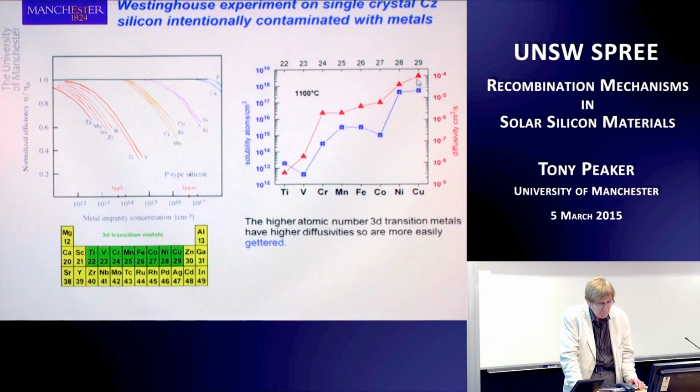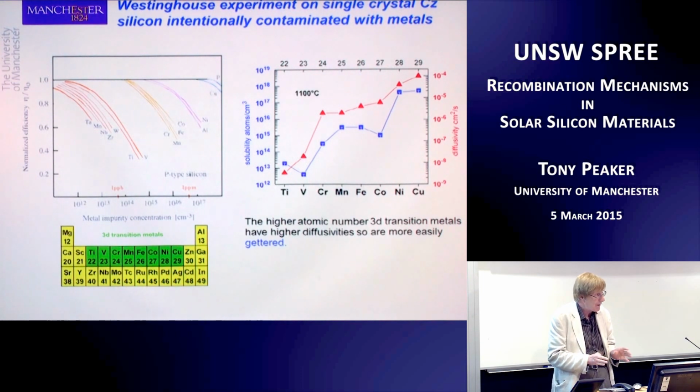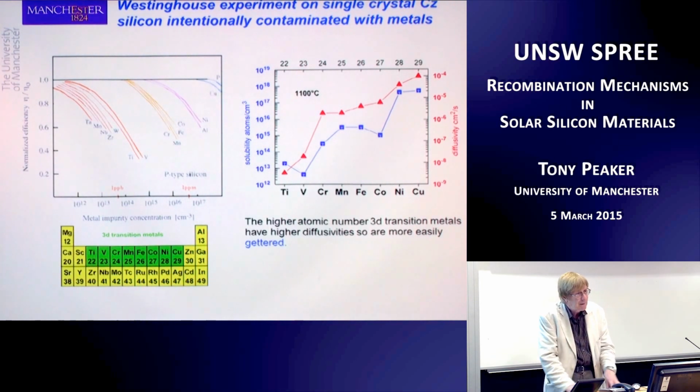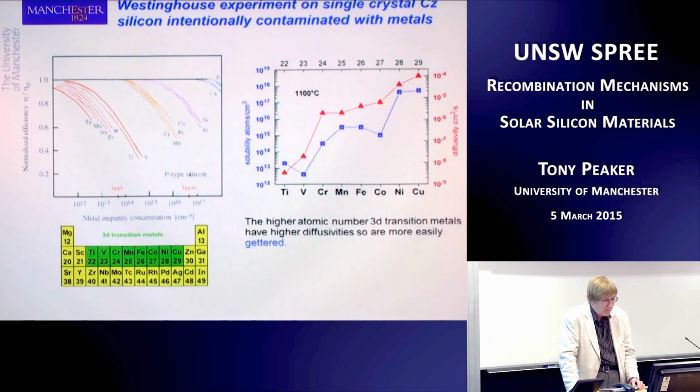Sure it is. Look at the difference in diffusivity, and the difference in solubility and its effect on precipitation. That's really very important. This experiment has been repeated in the last few years in polycrystalline material as well, and the results are not a million miles different, but you wouldn't expect them to be, because what you're measuring is the gettering ability of a particular process. If you change the process, you may well change the order in which these occur.